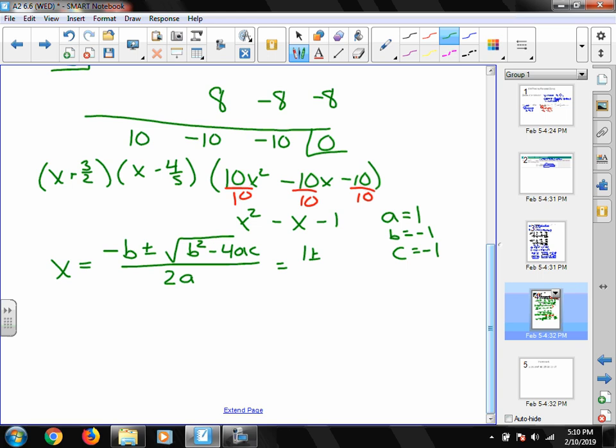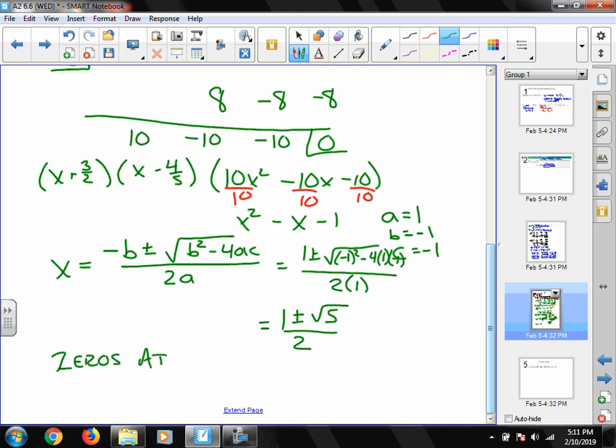So I get 1 plus or minus the square root of negative 1 squared minus 4 times 1 times negative 1 all over 2 times 1, which simplifies down to 1 plus or minus the square root of 5 all over 2. So we have zeros at negative 3 halves, 4 fifths, and 1 plus or minus the square root of 5 all over 2.